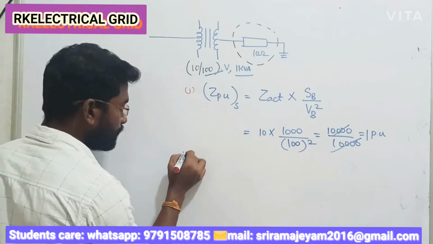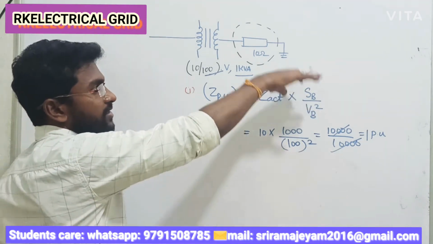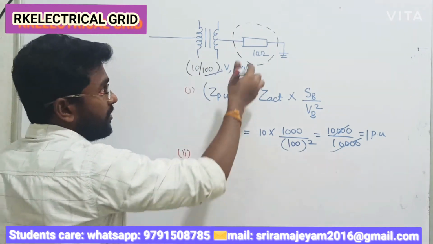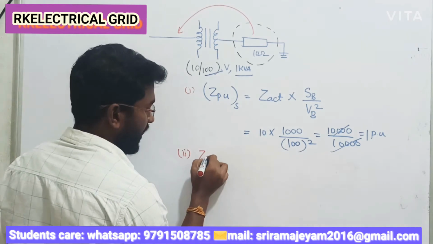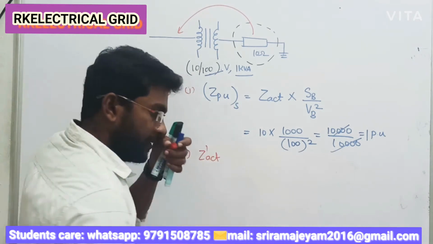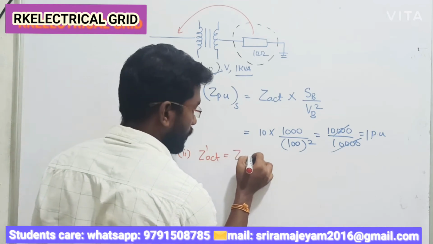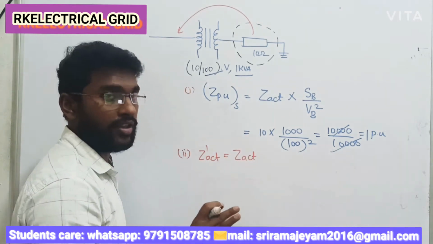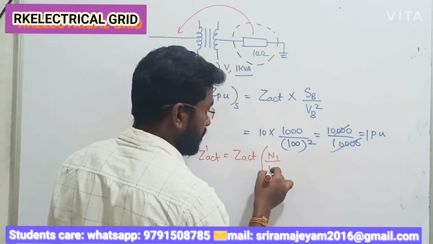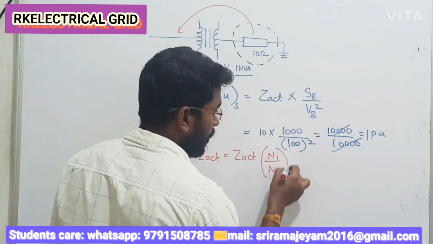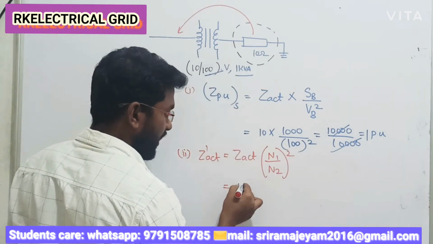Second statement. Now I would like to transform the impedance from the secondary side to the primary side, right? When we transform impedance from secondary to primary, we know the formula. When I change from secondary to primary, the impedance is called Z actual dash. How do we get it? Z actual. See there, I am not changing the value of Z actual. In a transformer, because of the transformation ratio, my values are getting changed, right? Both values are not the same. Okay, fine. So Z actual at the secondary side is 10.